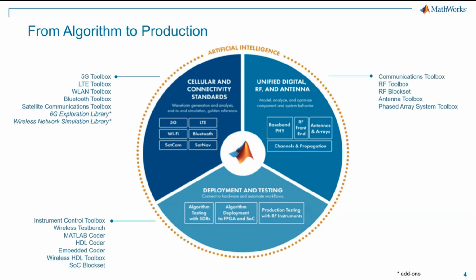Of course, now the latest hot topic is artificial intelligence, right? It is not coming from MathWorks deciding that artificial intelligence is something people need to look at. It's actually being driven by the industry itself, who are asking us about AI, including 3GPP, the standardization body, who have working groups looking at AI for the air interface.